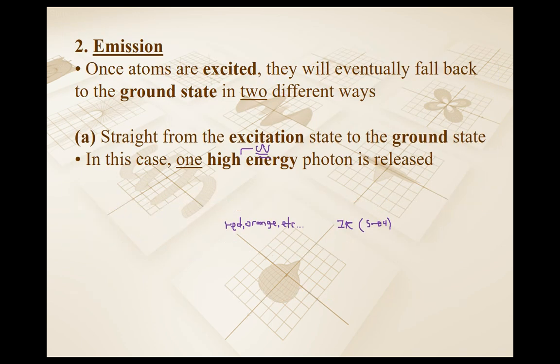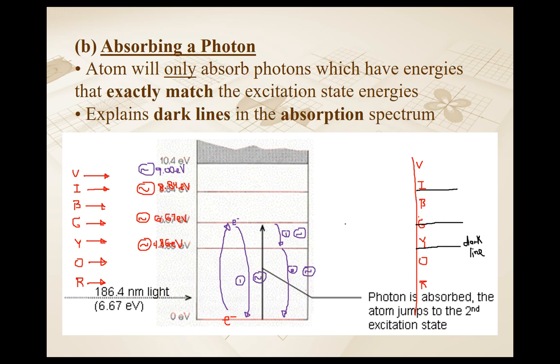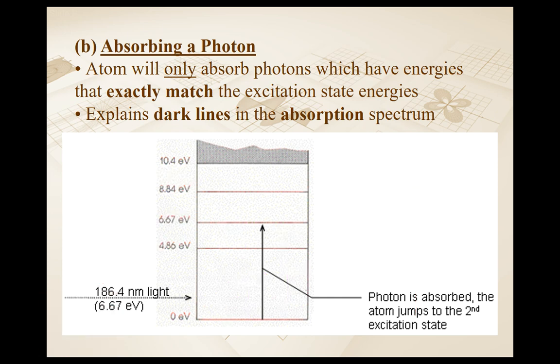Oh, there was one other thing, though. So I'm just going to erase this. Okay, so let's say I shine white light at this mercury. White light would be shining the full continuous spectrum of color: red, orange, yellow, green, blue, indigo, violet.